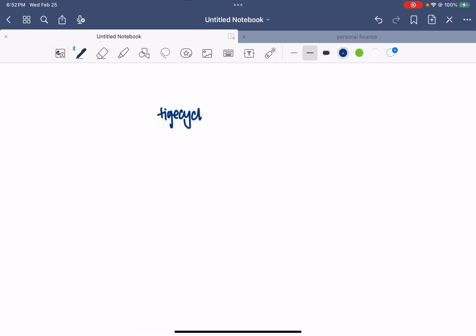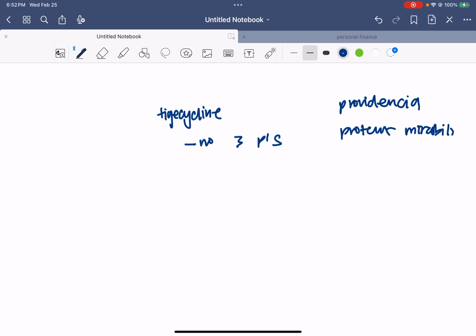Tigecycline does not cover the 3 Ps, which are Providencia, Proteus mirabilis, and Pseudomonas.